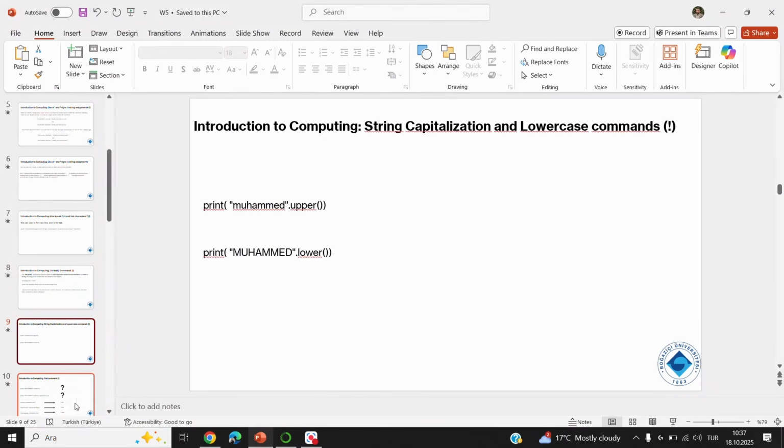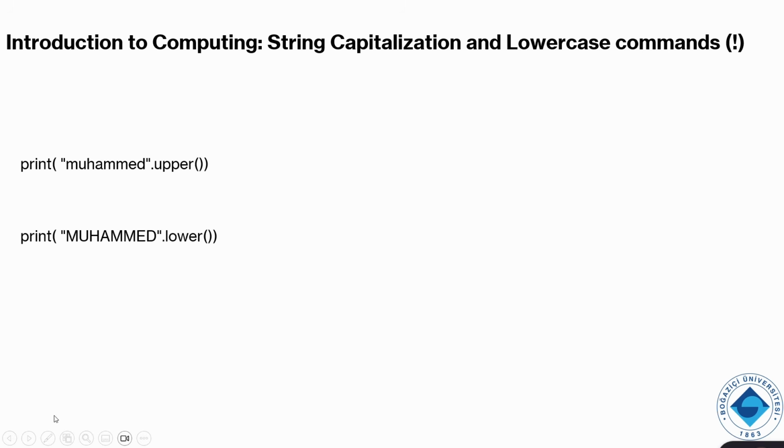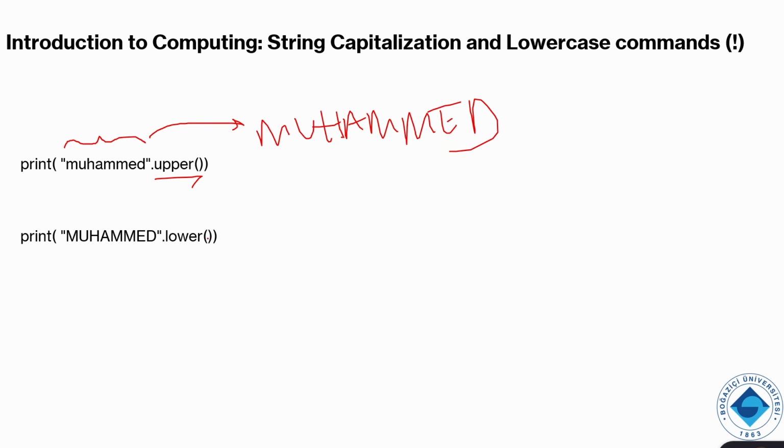And likewise, in Python, we use these functions, which we used several times in previous weeks. If you remember, we were using upper to change all letters inside of our strings to capital letters, like Muhammad with capital letters.